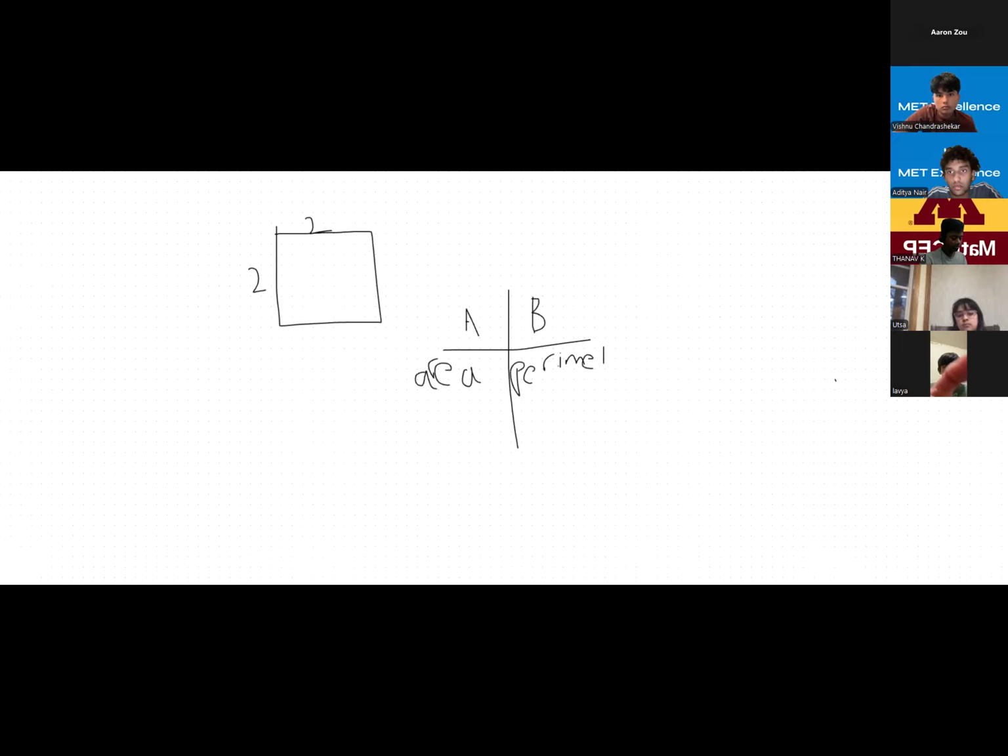It's gonna be a square with side lengths 2. So what's gonna be the answer if A is the area of the square and B is the perimeter? Okay, put it in chat.